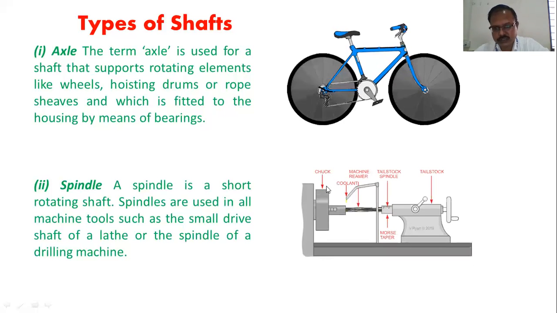You can see over here, a chuck is mounted on the spindle and the chuck is supporting the workpiece. So a spindle is nothing but a short length shaft. When we differentiate between an axle and a spindle, then axle is a non-rotating element while a spindle is a rotating element.